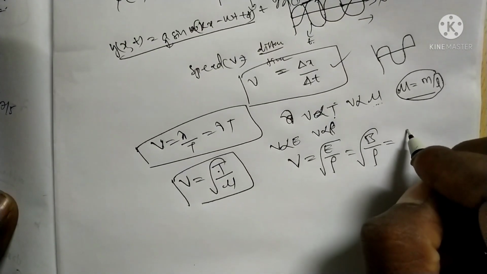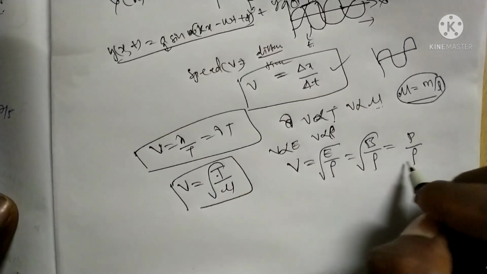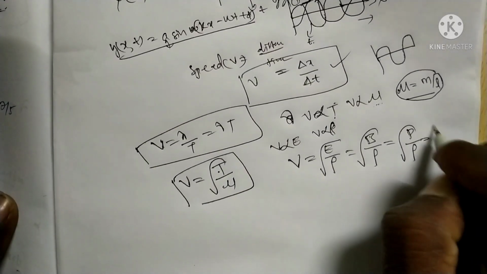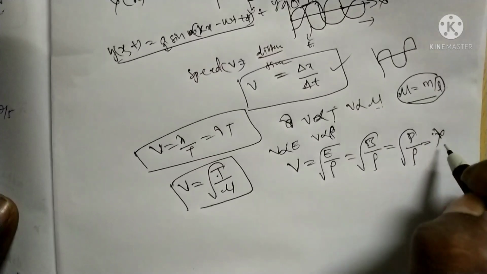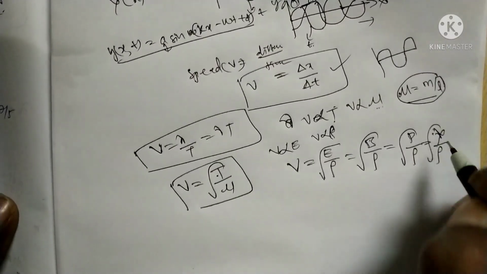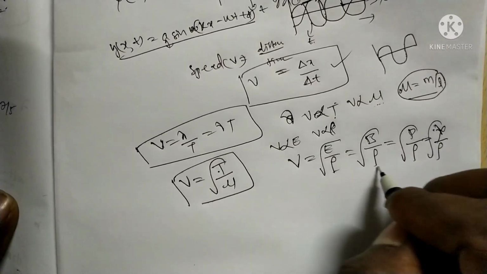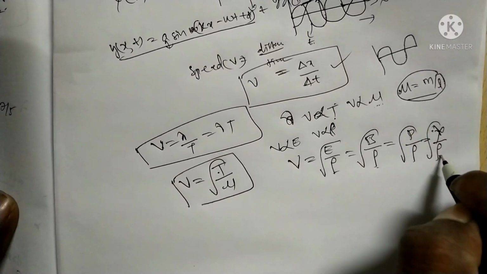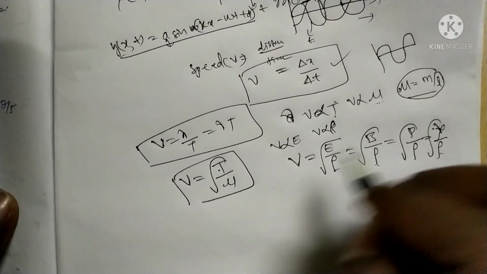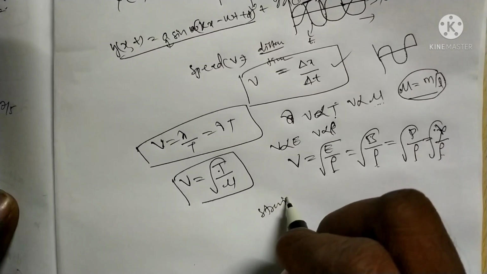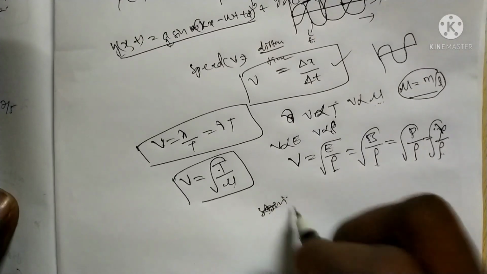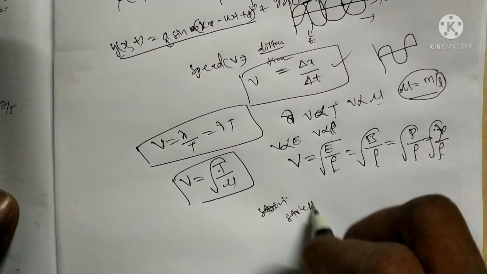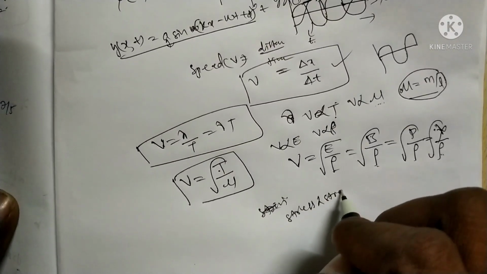In the case of a gas, it is pressure P by rho, that is gamma P by rho, or Y by rho. It is the elastic modulus: bulk modulus, Young modulus. Young modulus is stress over strain, stress is proportional to strain.